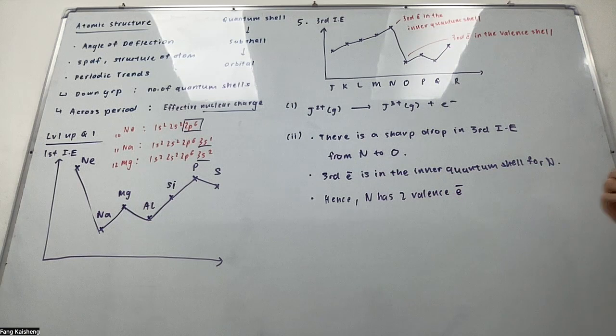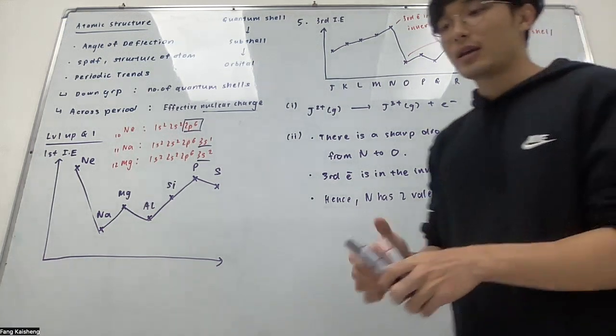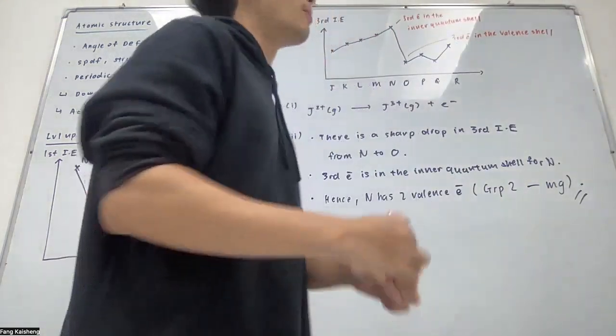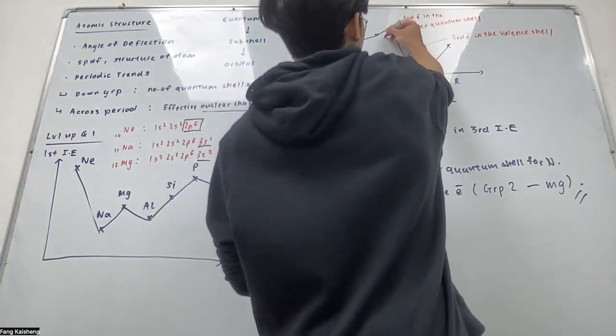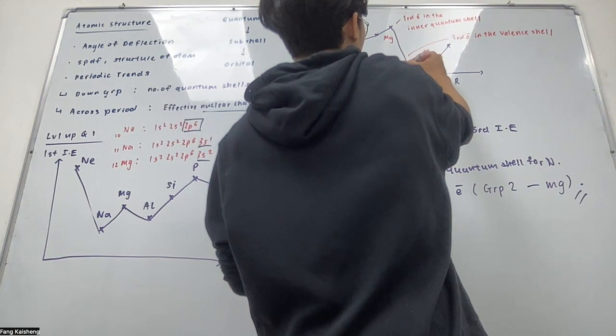If you have 2 valence electrons, you're in group 2, because valence electron 2 means group 2. Magnesium. Can we determine the rest just from magnesium alone? Yes, consecutive. So O is aluminium.